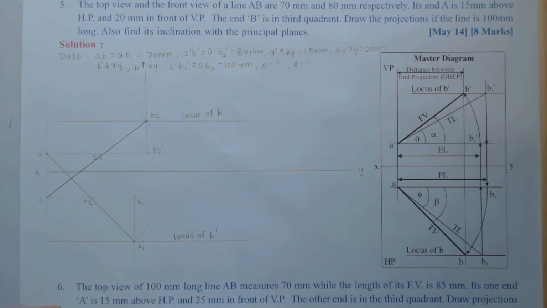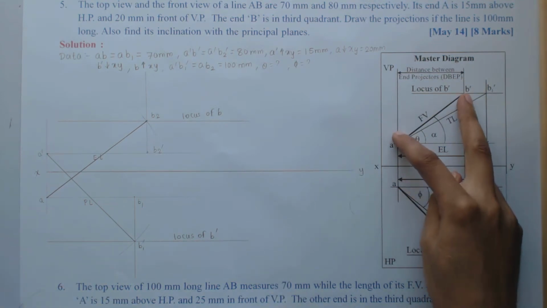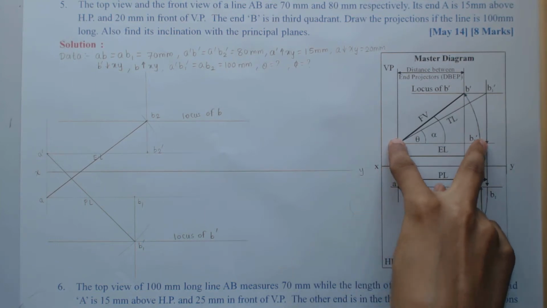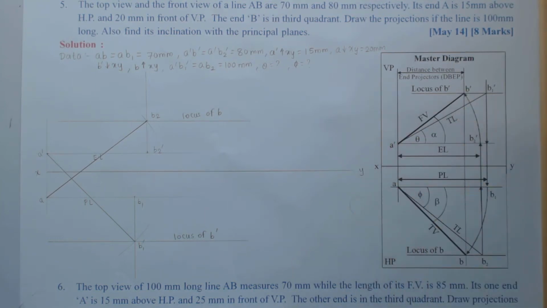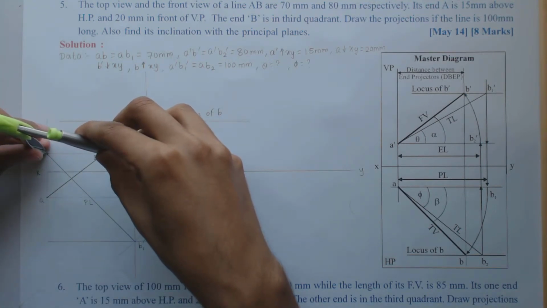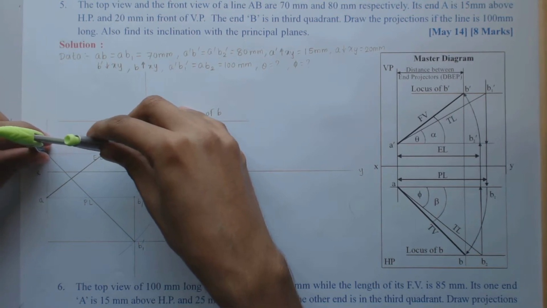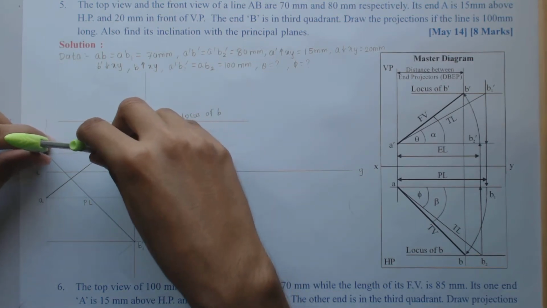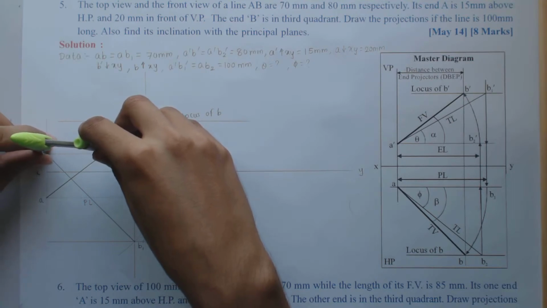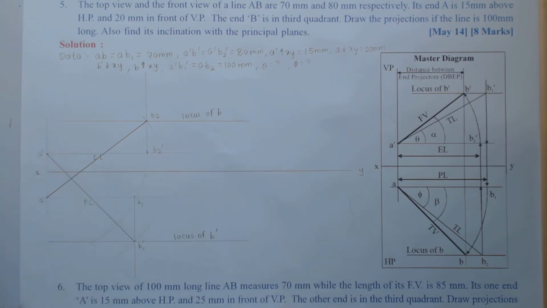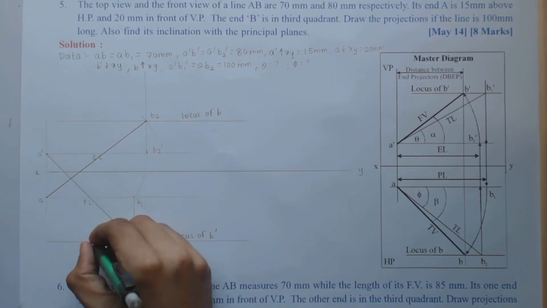Now as we know, to mark the final position of front view, I need to produce the elevation length up to locus of B dash. So we have already marked the elevation length A dash B2 dash, and we have marked the locus of B dash also. So I need to produce this arc downwards to cut locus of B dash. So I'll get the final position B dash here.